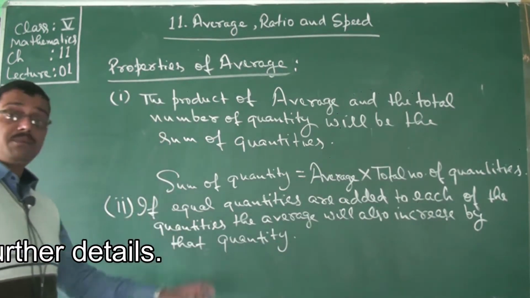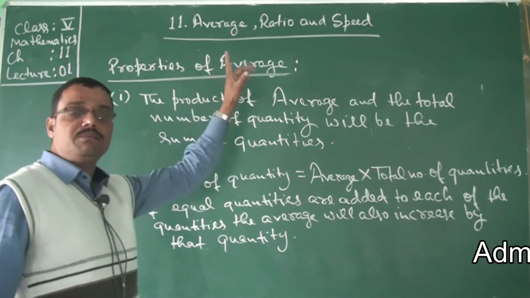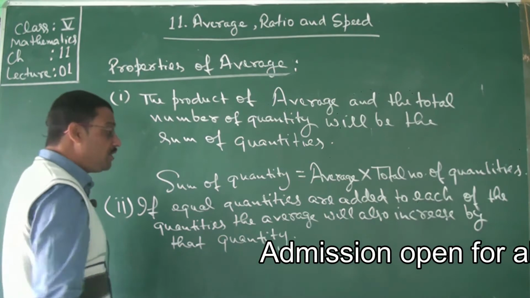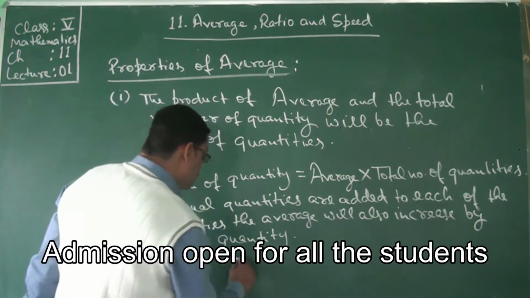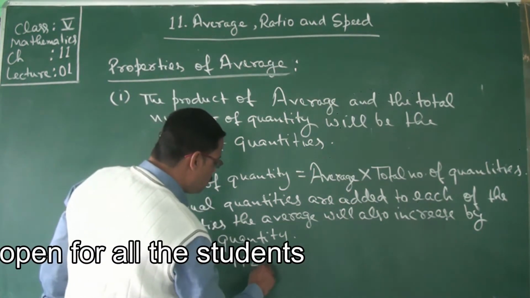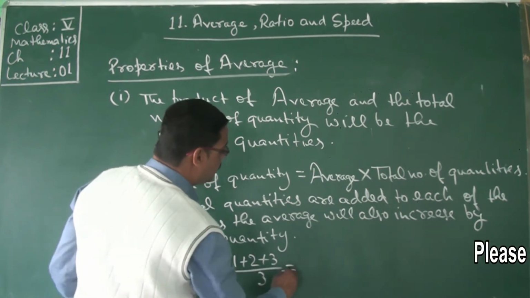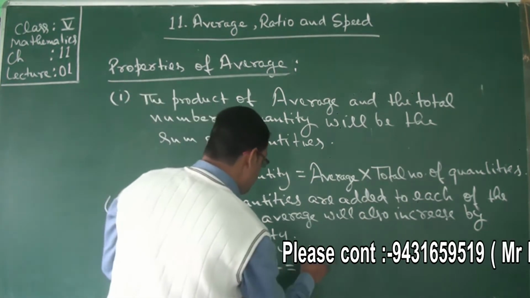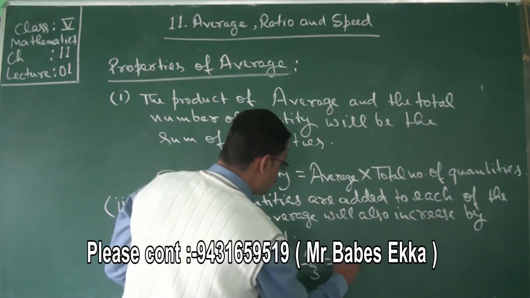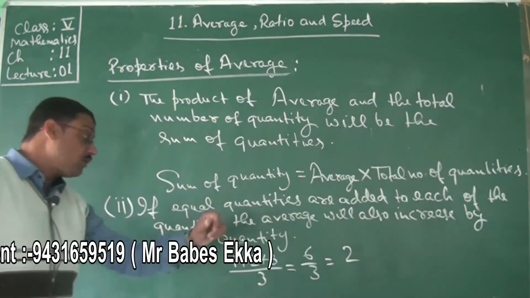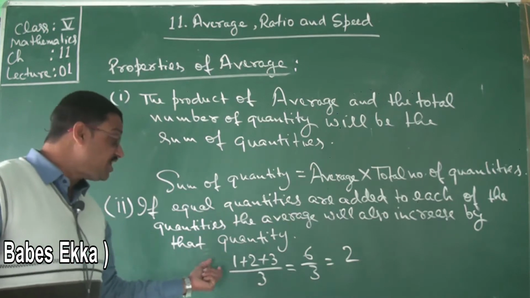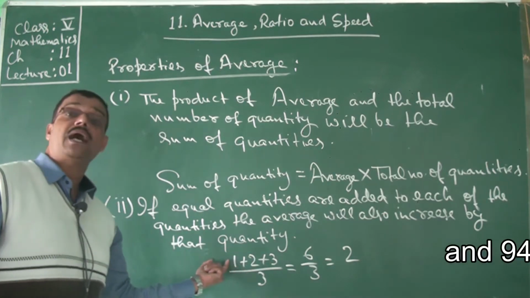To clarify it better, take the previous example where we had 1 plus 2 plus 3 by 3. The average of 1, 2, 3 was 6 by 3, that was 2. Now assume we increase all these quantities by 3.